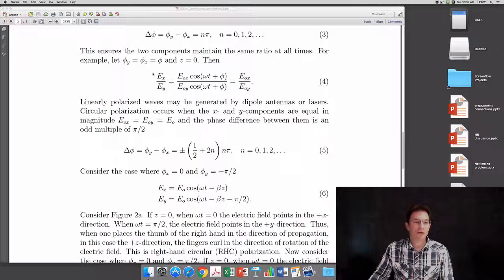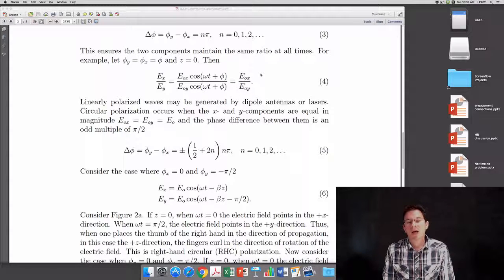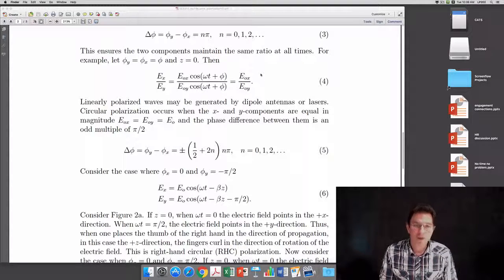Then the ratio of the x component to the y component is given by this expression, and you can see that so long as the phases are the same, the cosine terms cancel out, and for all time, the ratio of the x component to the y component is just the ratio of the amplitudes.